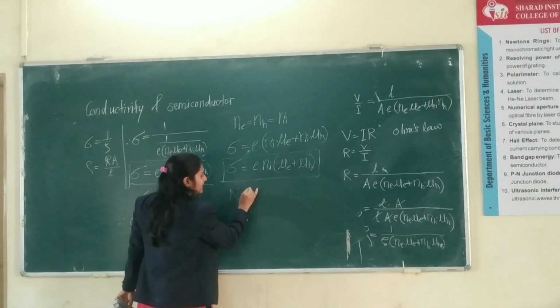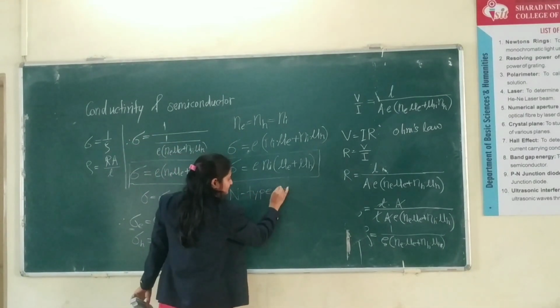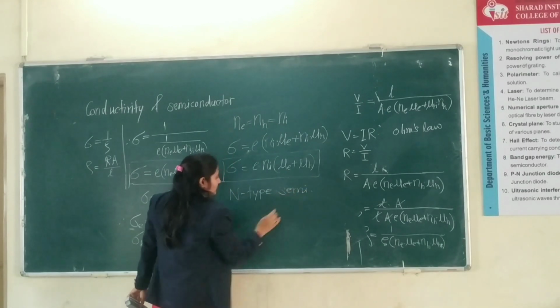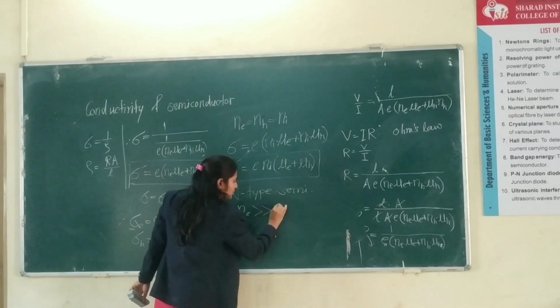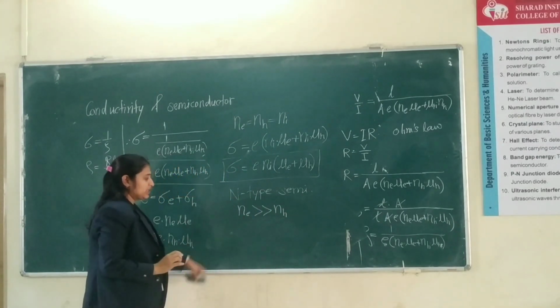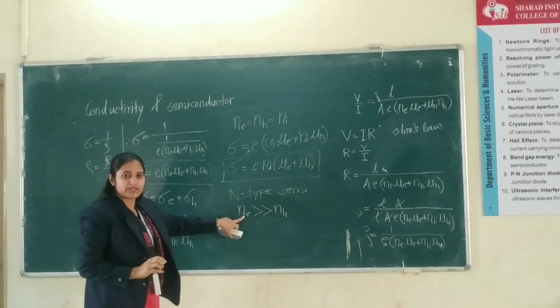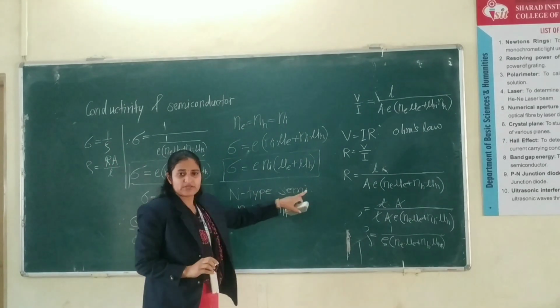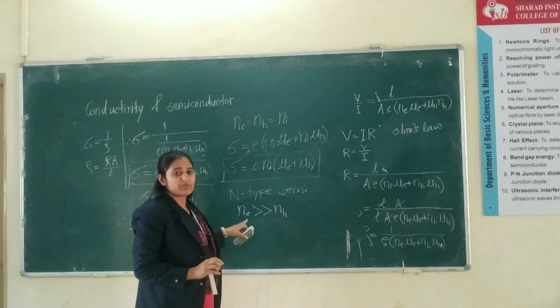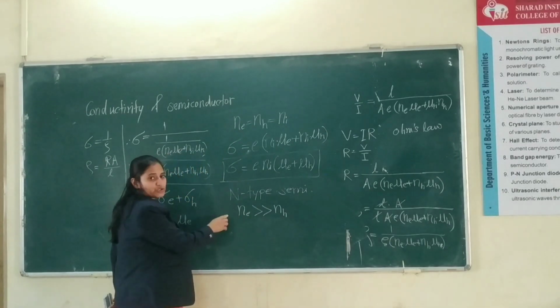Okay, so for N-type semiconductor, Ne is greater than NH. That means charge carrier concentration of electrons is always greater in N-type semiconductor, or it is also known as major charge carrier concentration of electrons.